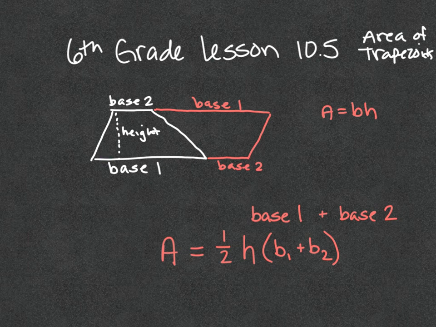I add those together, multiply by the height, cut it in half. And so you'll still be able to do it if you don't necessarily remember the formula. Or you can just say, well, there's a triangle, there's a triangle, there's a triangle, there's a rectangle, and put it all together. There's other ways to do it, but if you can remember the formula, that's the easiest way.